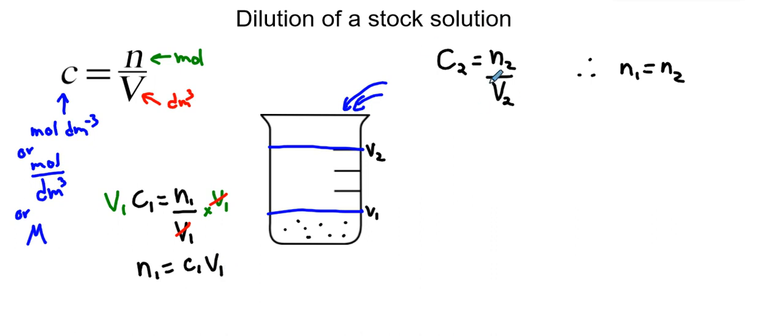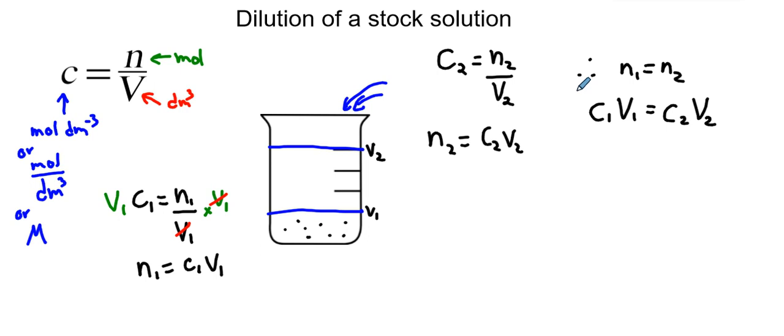And likewise, I can rearrange this for my secondary conditions, and I can say that N2 will be C2 V2 through the exact same process of multiplying both sides by V2. But because N1 and N2 are equal, I can set these equations equal to one another. So instead of saying N1, I can say C1 V1. And instead of N2, I can say C2 V2.